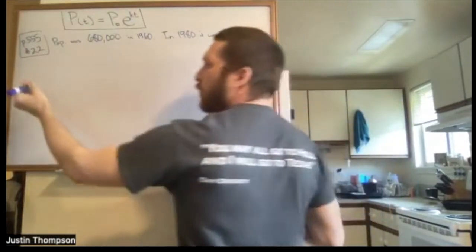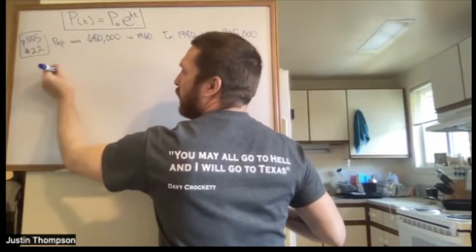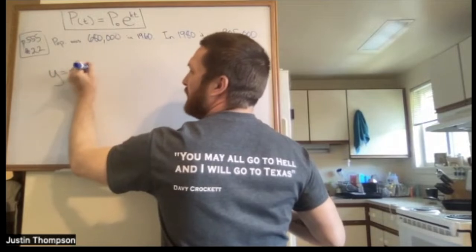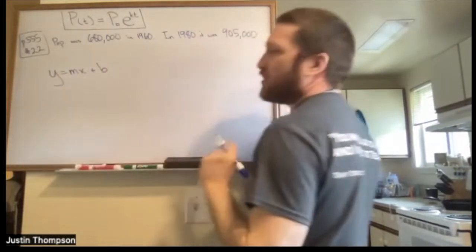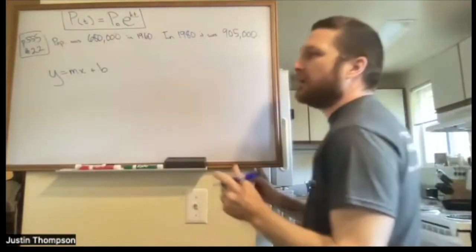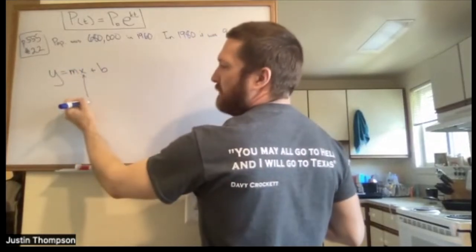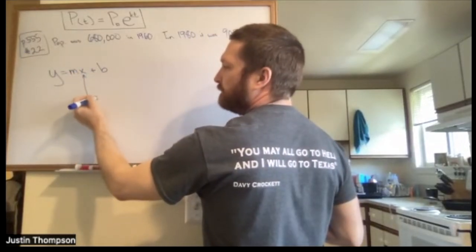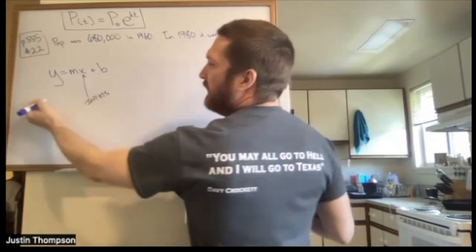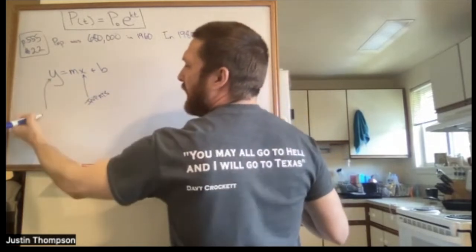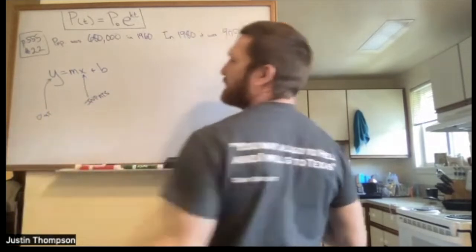So real quick, when we had y equals mx plus b, our general form of a line, this is always going to be x, because these are my inputs. This is always going to be y because those are my outputs.